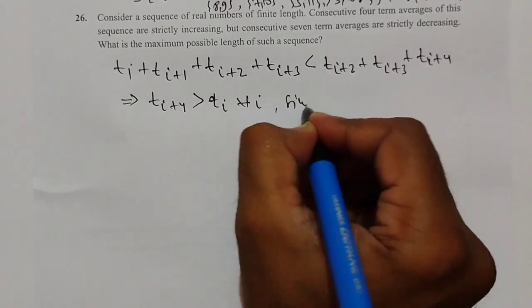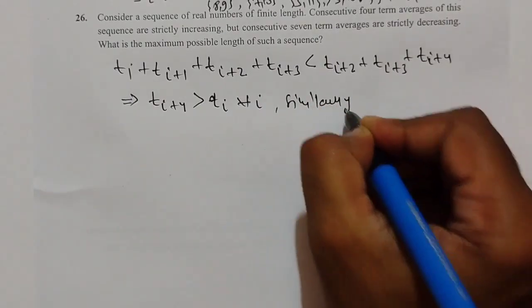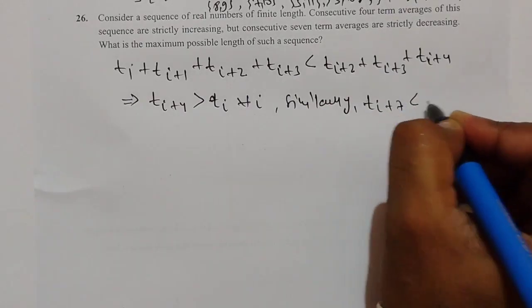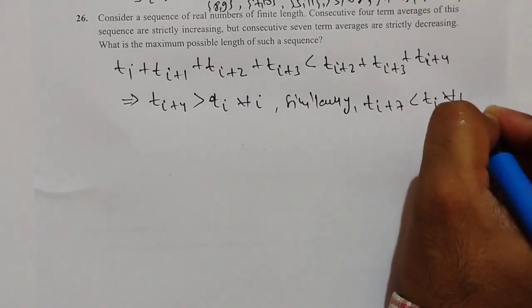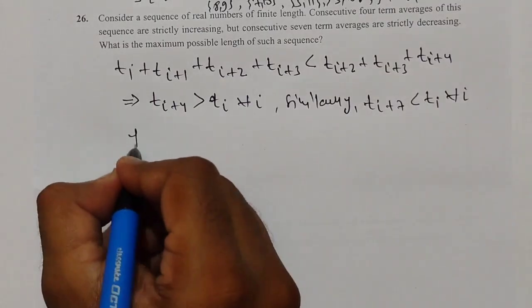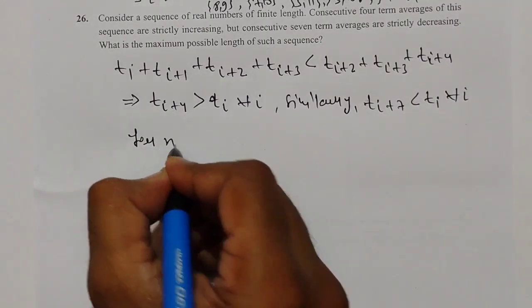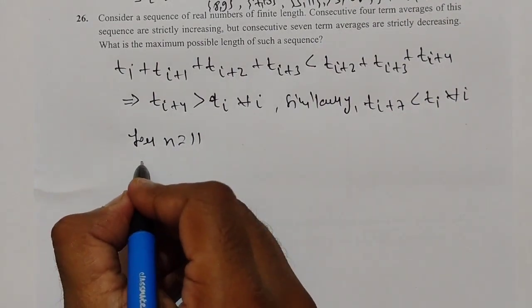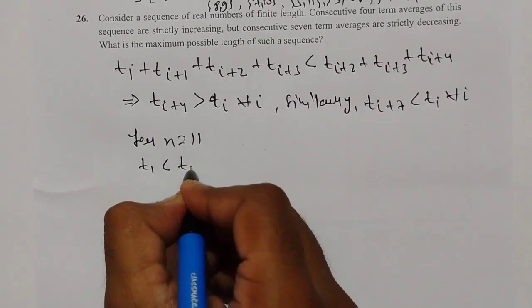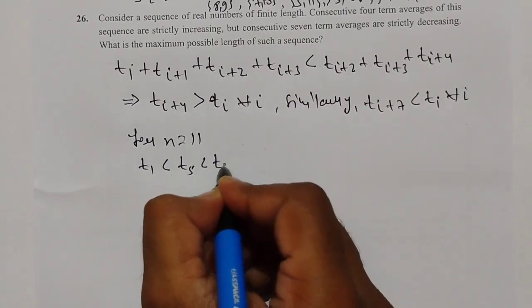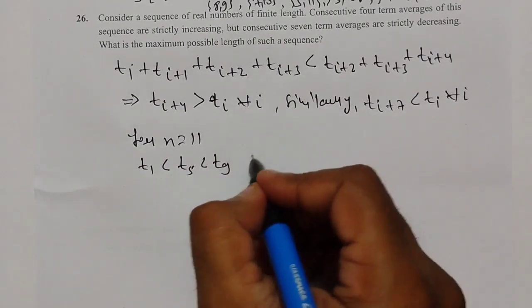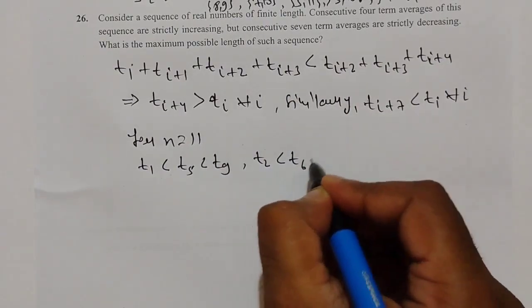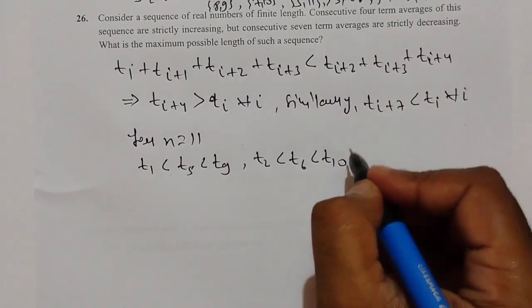Similarly, we have t(i+7) is less than t(i) for all i, and for n equal to 11 we have t1 less than t5 less than t9, and also t2 less than t6 less than t10.